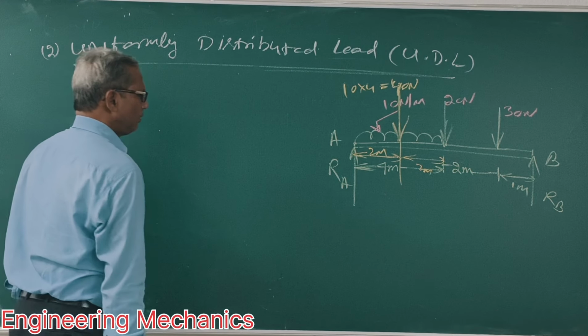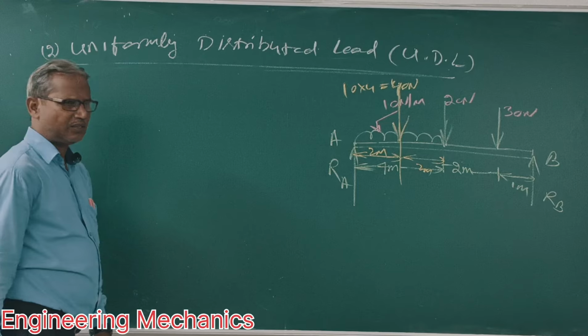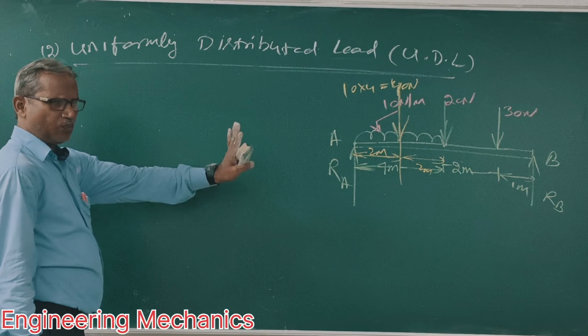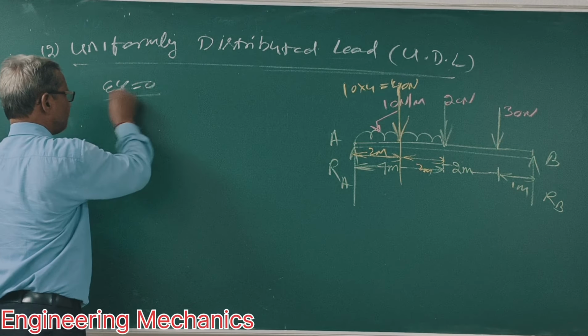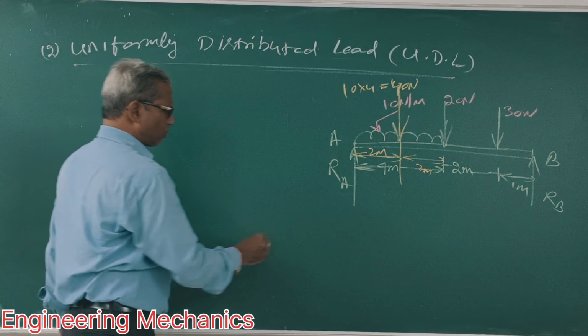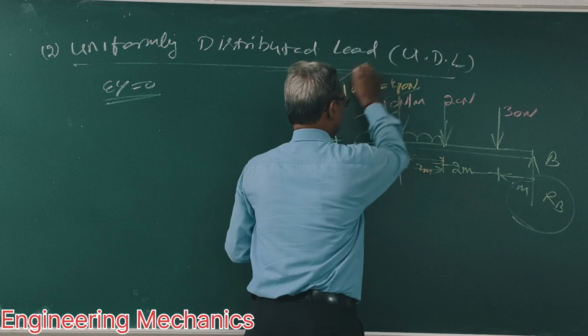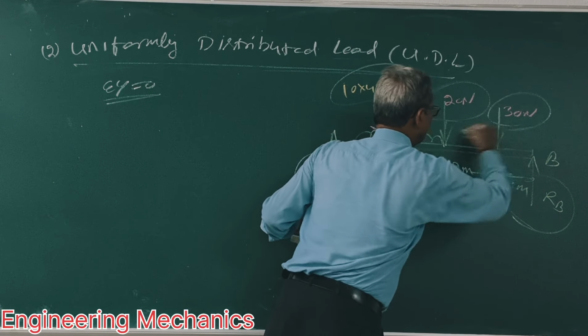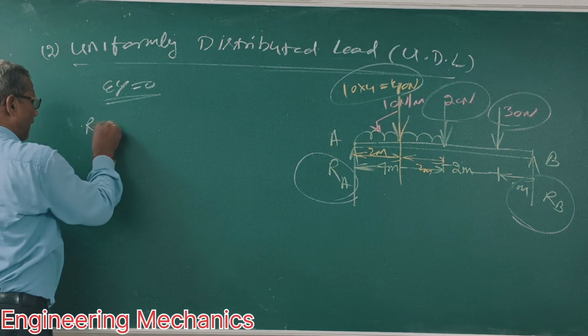Now, first we will look at sigma y, because there is no force in x-axis. So first, summation y is equal to 0. Upward force is equal to downward force. Clear? What is upward force? RA plus RB.